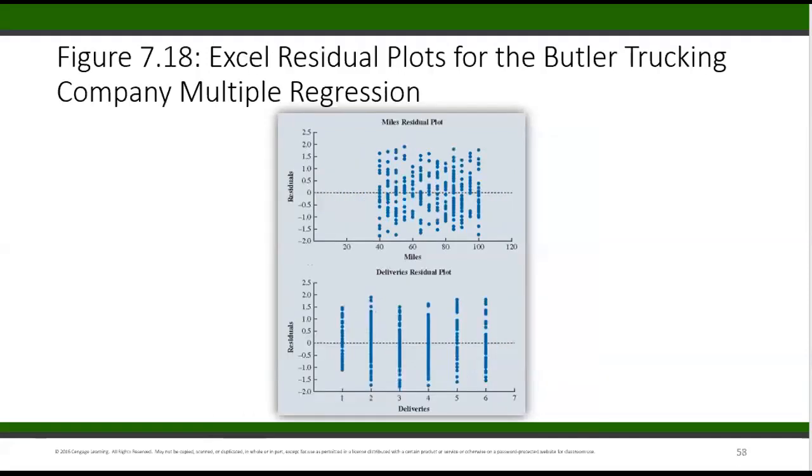The next graph, again, this is a good example. It's for Butler Trucking Company, multiple regression. So in this example, again, this is a very good one. The center of error is at zero. We see constant variance as you go from left to right. You see the range is almost the same.